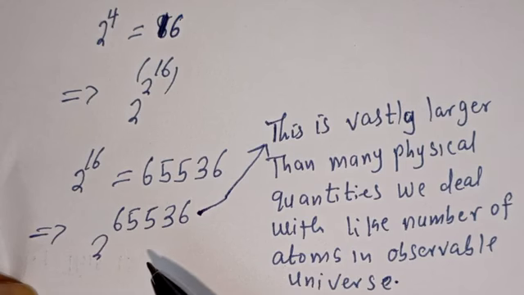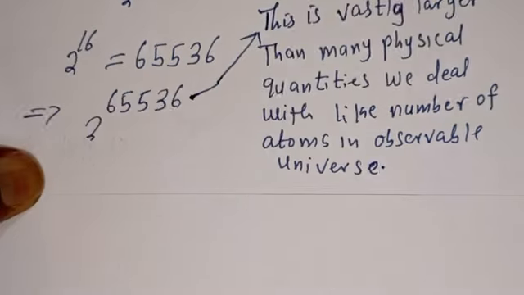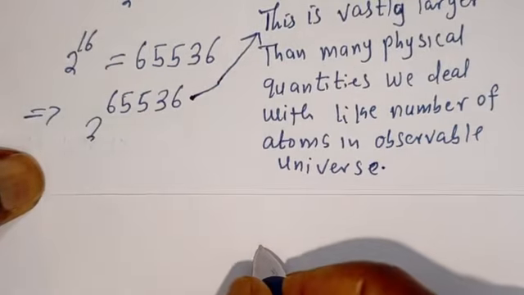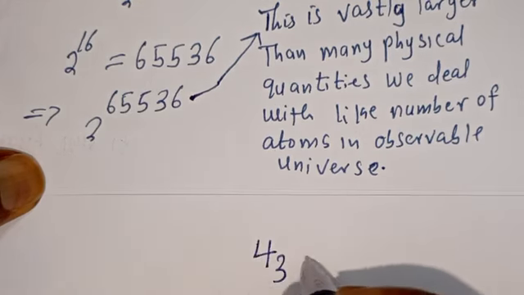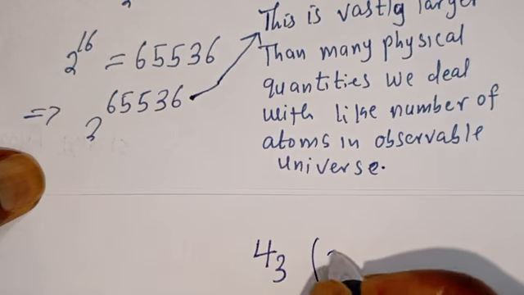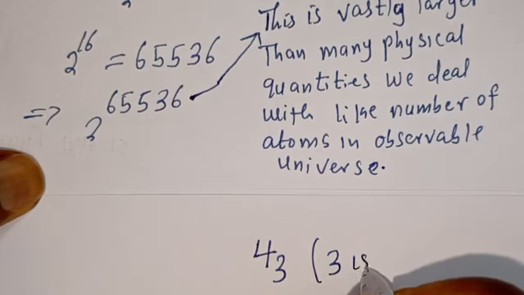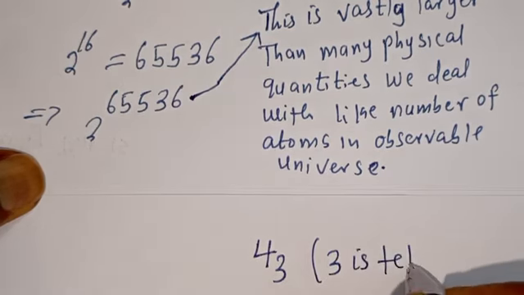Now let's consider another one. Now if you have 3 tetrated to 4, this simply means 3 is tetrated to 4.